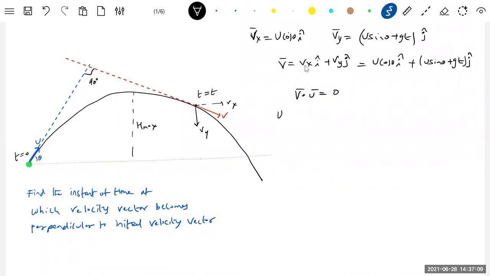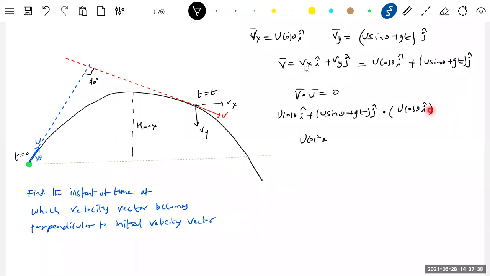So V bar equal to u cos theta i cap. I dot i will be 1, so u cos square theta. Then I dot j is 0. Okay, initial velocity vector.